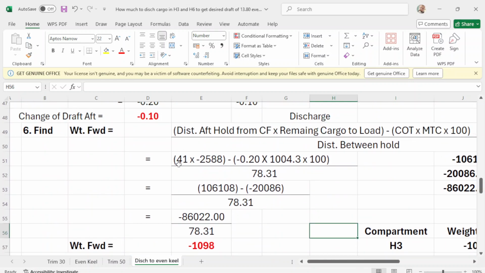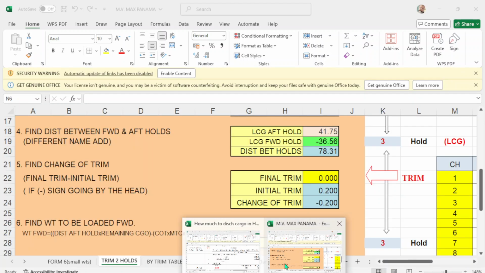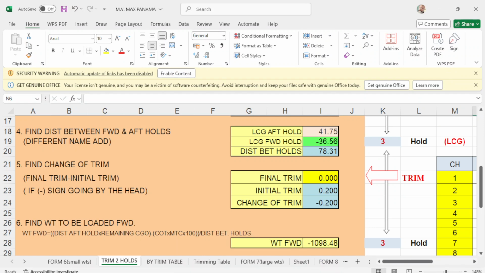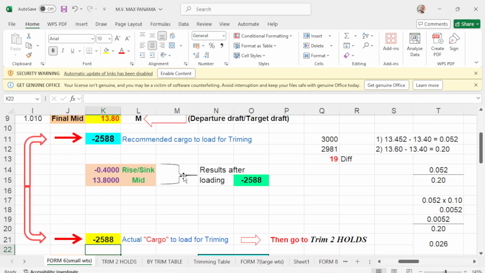That is 41 times your cargo to be discharged, which is negative 2558.0. Okay, that is negative 2558, which is this one, that is to be discharged.